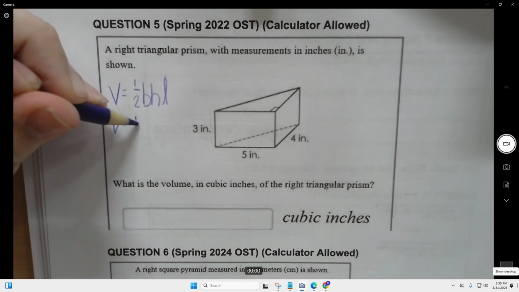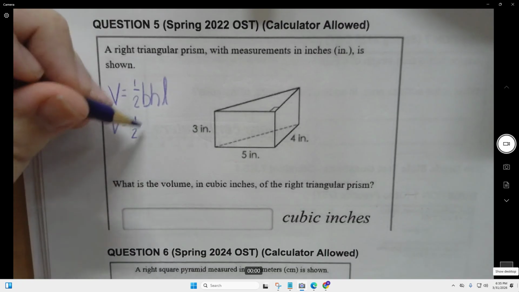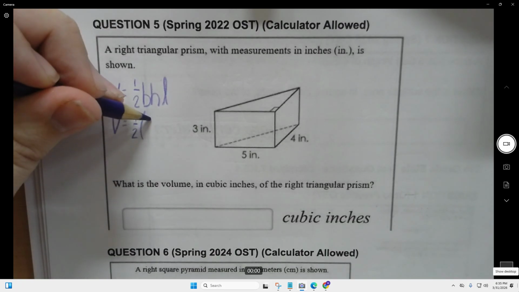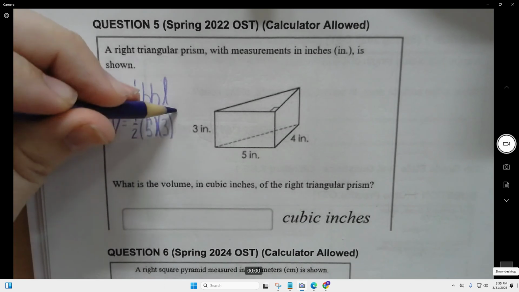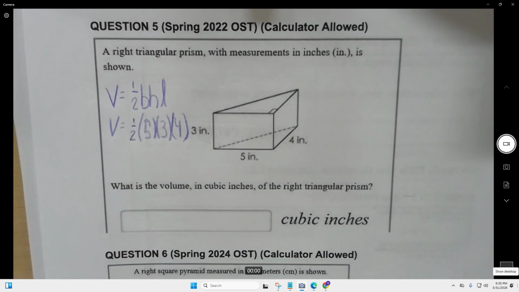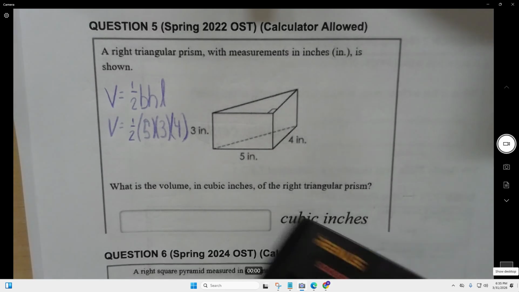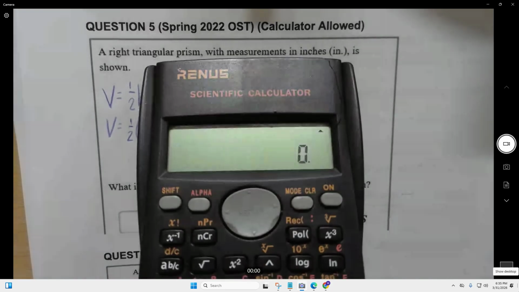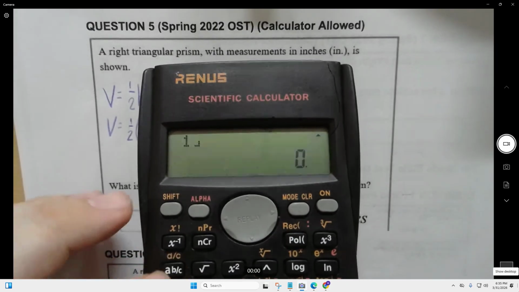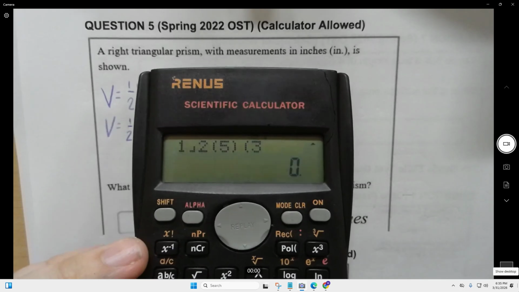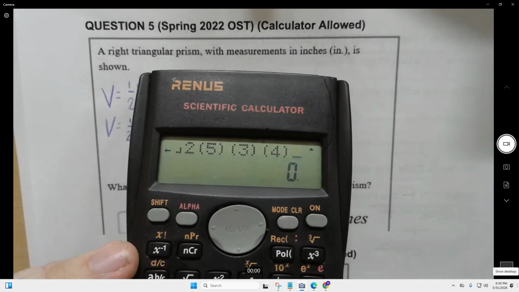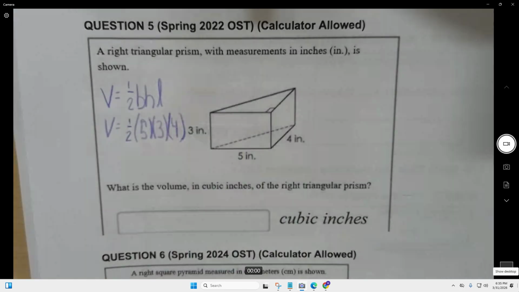So it's 1/2 of 5 times 3 times 4. Calculators allowed. So put it in, 1/2 of 5 times 3 times 4, and you get 30.